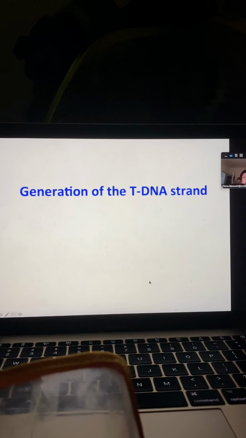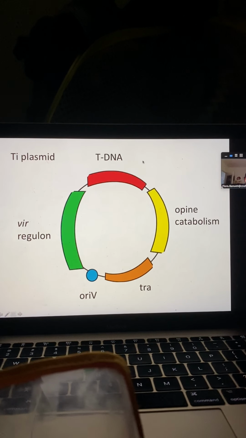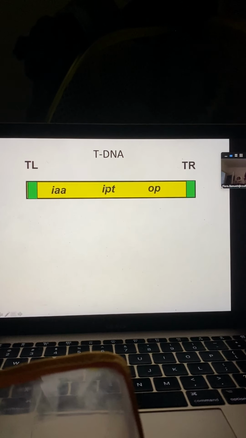So how does the agrobacterium generate a tDNA strand? Remember that the tDNA is the only region of all this plasmid that is going to be transferred to the plant.